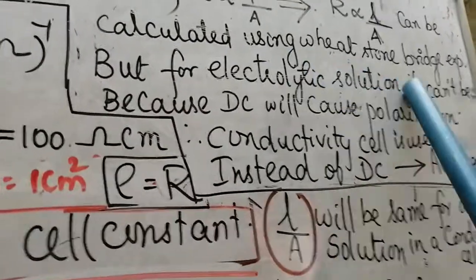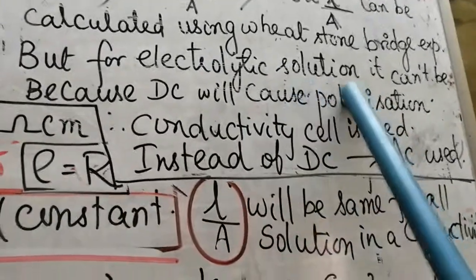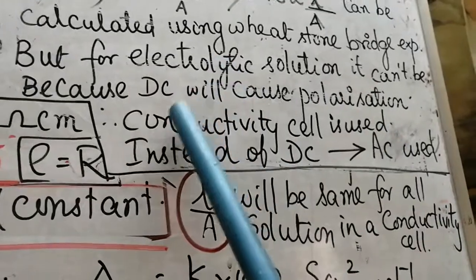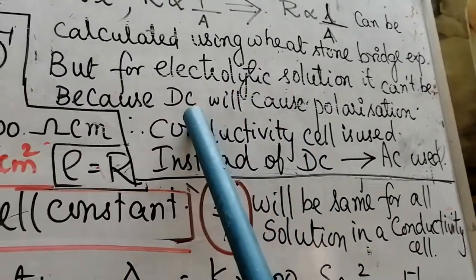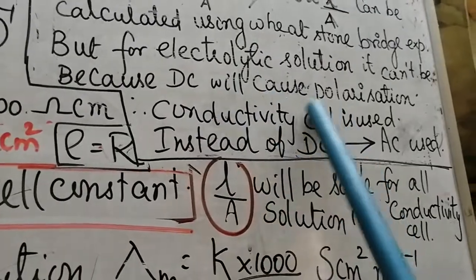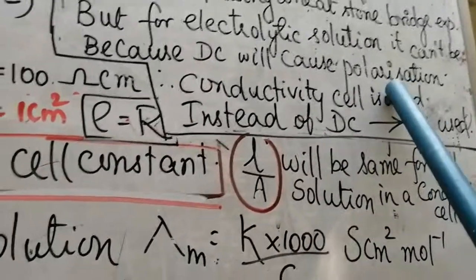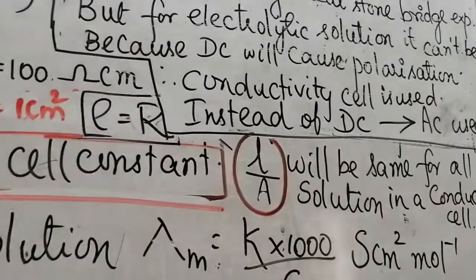So the Wheatstone bridge cannot be used directly for an electrolytic solution. It has to be modified because there are two problems. One is that the electrolytic solution cannot be connected. The other is that DC current will cause polarization in the solution. So what to do? The solution will start polarizing and the reaction will get reversed.